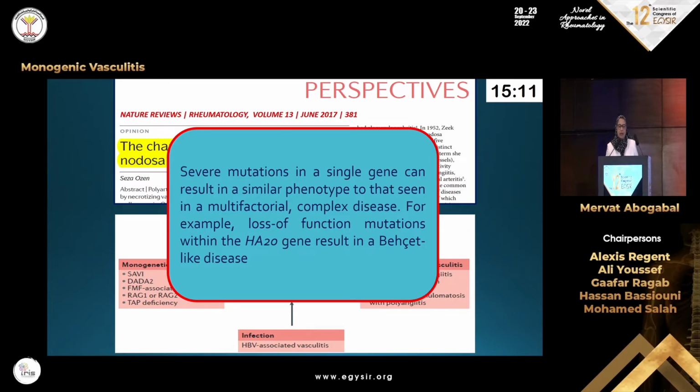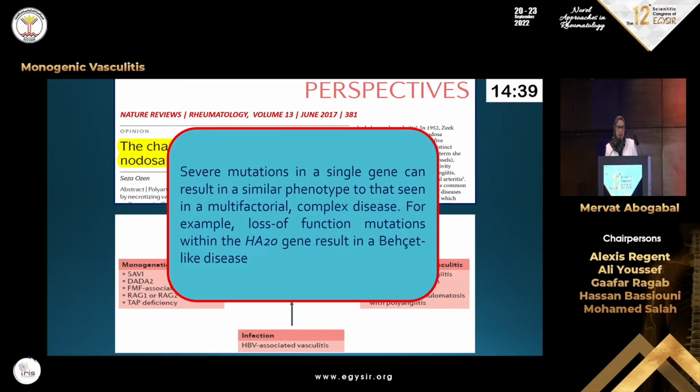They stated that severe mutations in a single gene can result in a phenotype similar to that seen in multifactorial complex disease. And here in the same literature, they give 2 examples. The first example is polyarteritis nodosa as a primary complex form of vasculitis with its monogenic variants, which were mentioned before: SAVI, DADA2, familial Mediterranean fever-associated necrotizing vasculitis, and primary immune deficiency-associated necrotizing vasculitis.